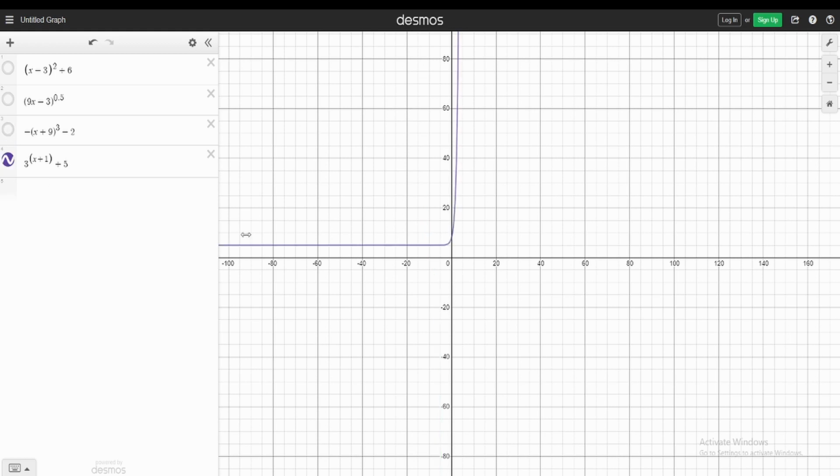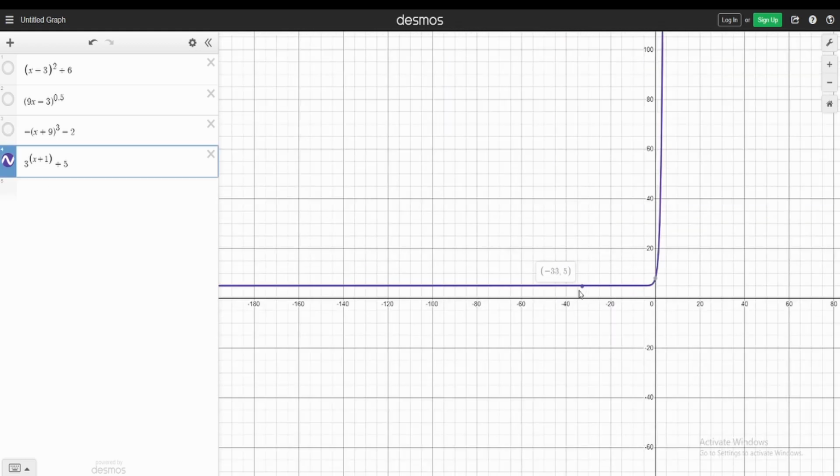Okay, for our final function, we have this exponential. Notice how this line, you look at the y value, notice how it's just 5 all the way across. It never goes below 5. Now, this is a problem with Desmos because scientific calculators are not 100% accurate. This should never actually be equal to 5.